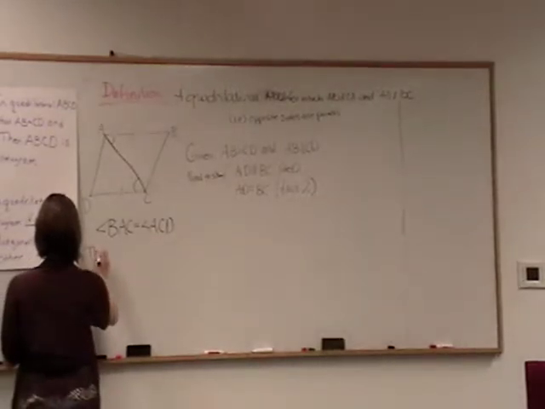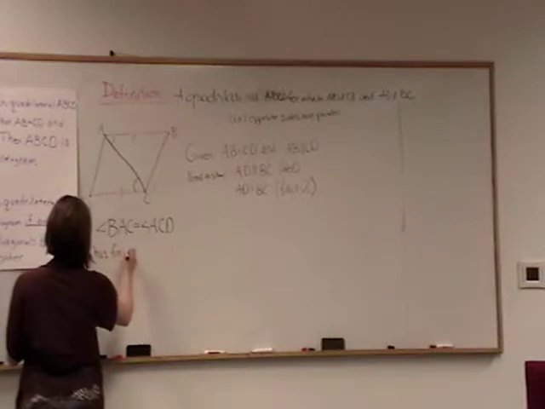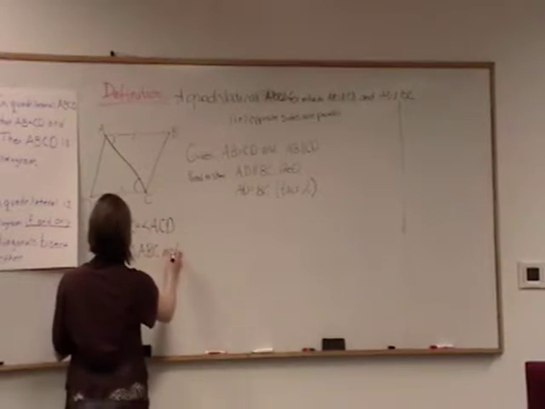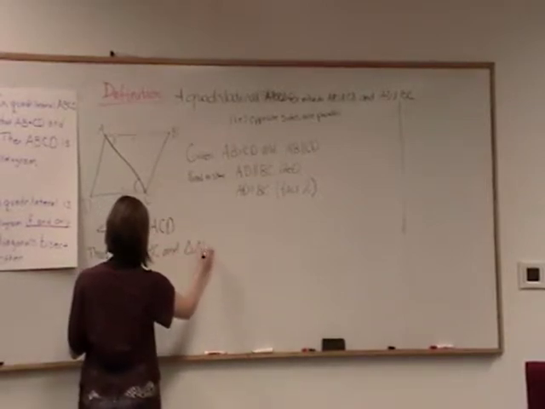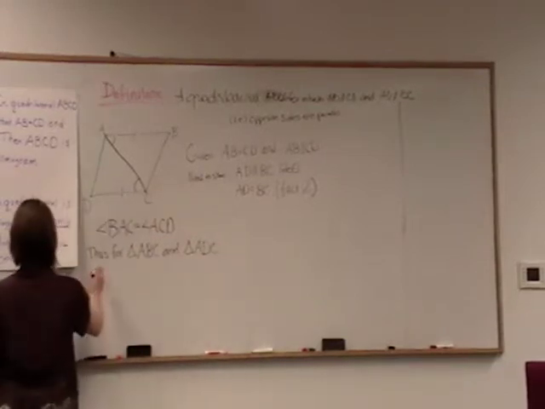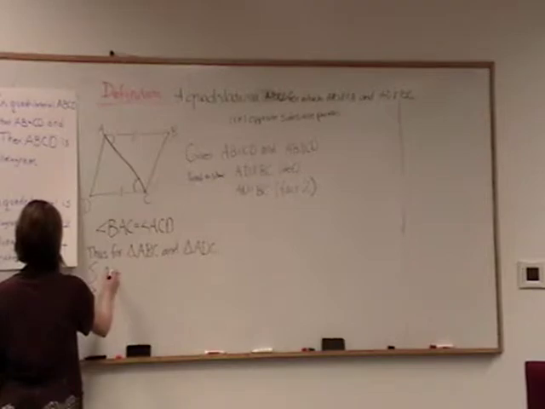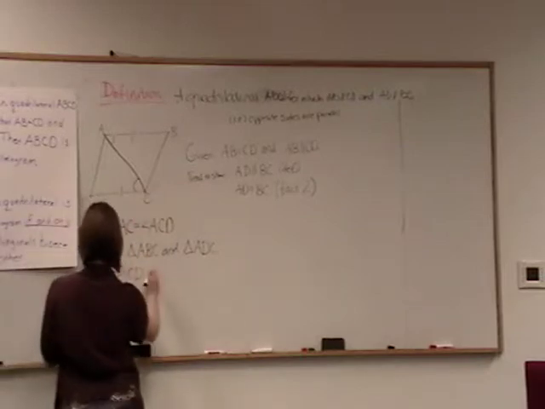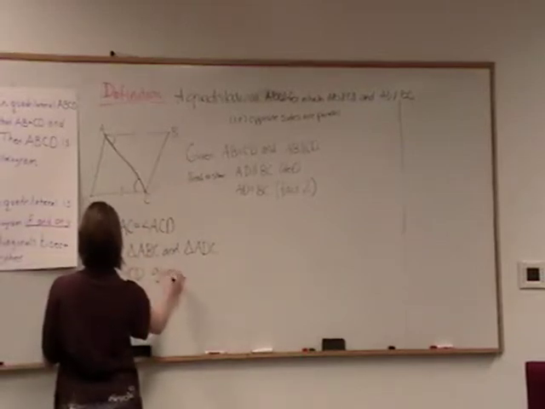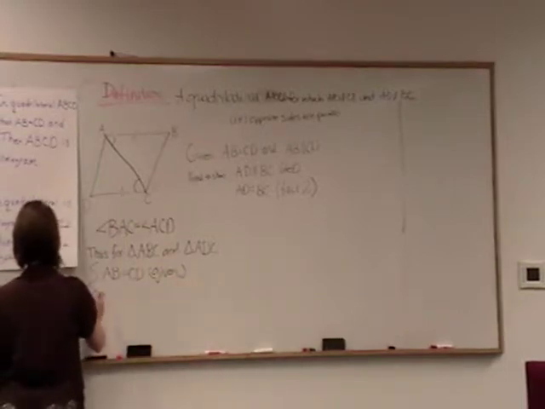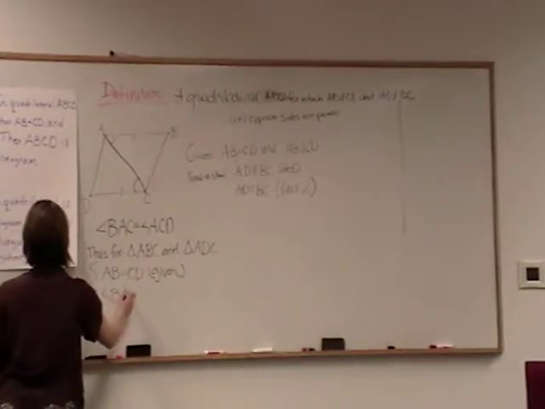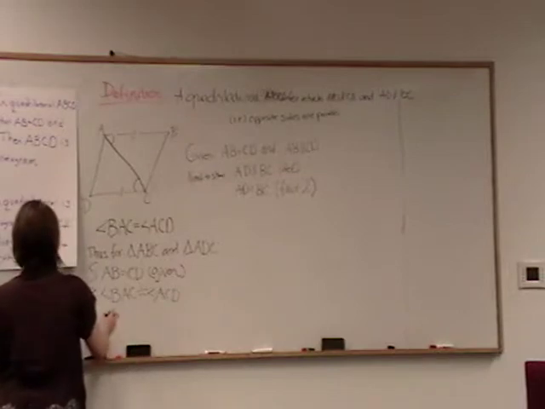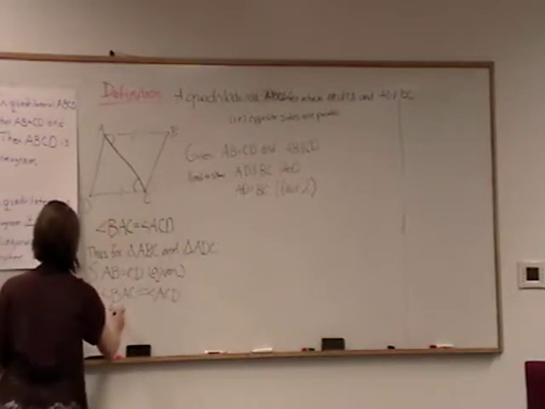Thus, for triangle ABC and triangle ADC, we have that AB equals CD, because that was given, and we just showed by alternate interior angles that angle BAC equals angle ACD. And we also know that AC equals itself.